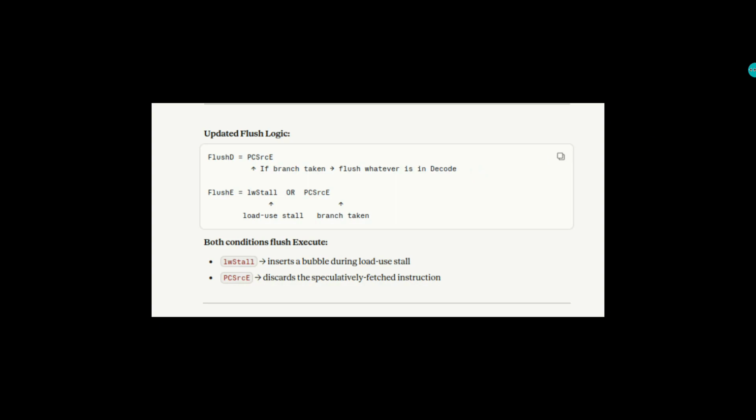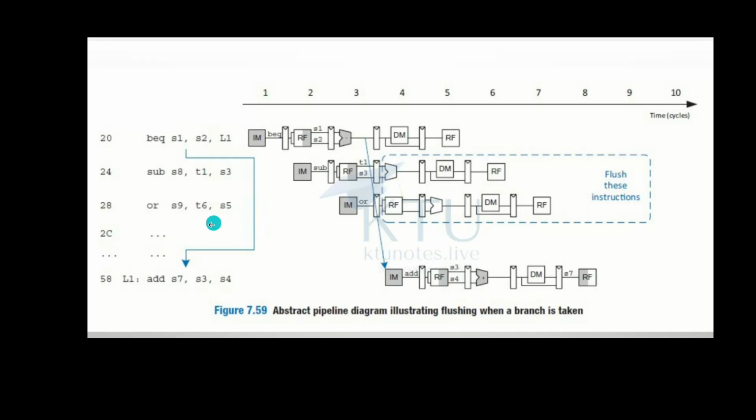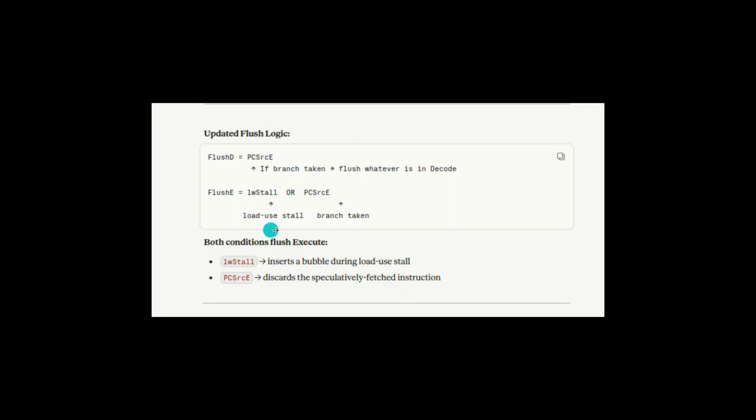And flush E also happens in the load stall case, that is, if we are using a load, the executing stage also gets flushed, as we learned in the previous video on load stall. If there is a load instruction or a branch instruction, if any one of them comes, we have to flush the executing stage also. Understood?